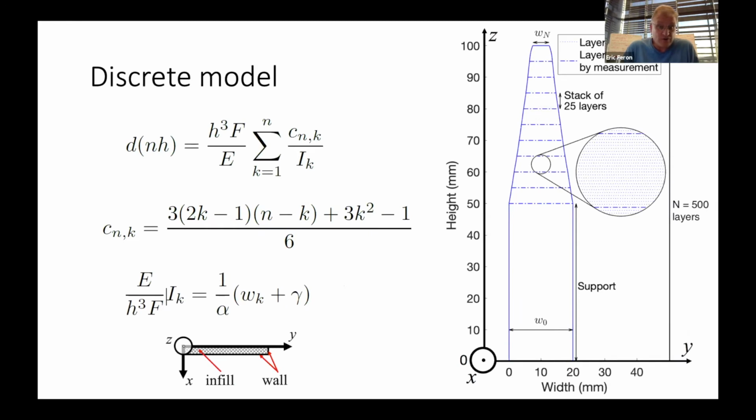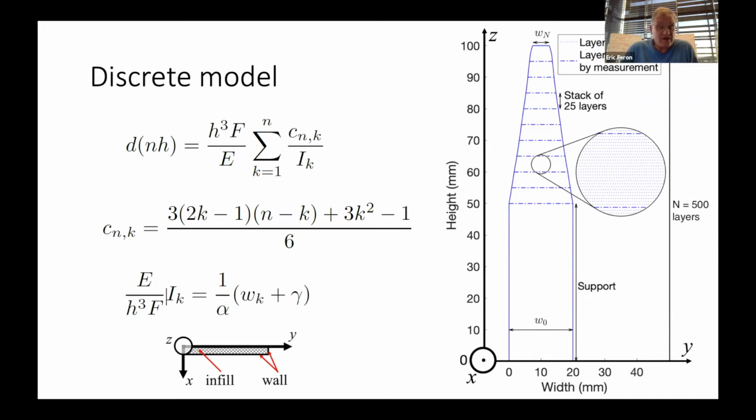The discrete model of the beam is what allows us to insert it into a computer-driven logic. The discrete version of the Bernoulli equation gives us the displacement of the beam as a function of the layer considered.